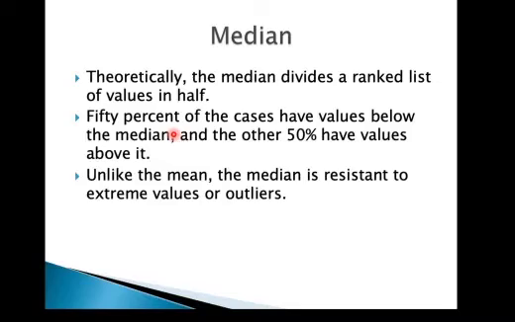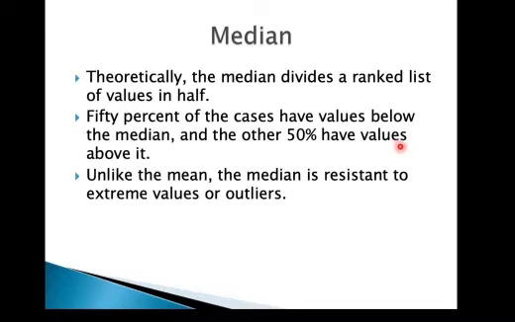If we count the numbers above 11, that is 5, and the numbers below 11 is also 5. That's exactly 50%. So 50% of cases have values below 11, below the median, and the other 50% above it.